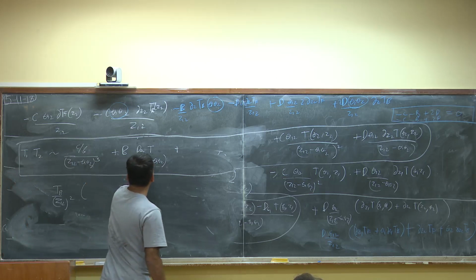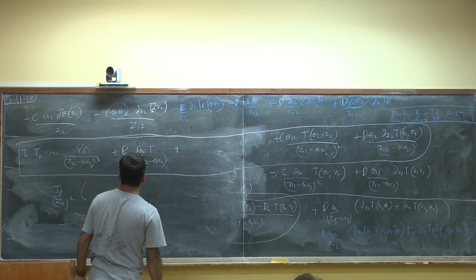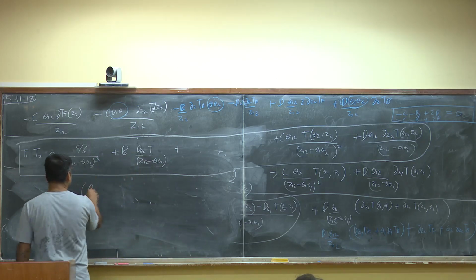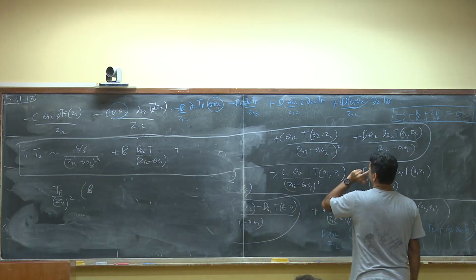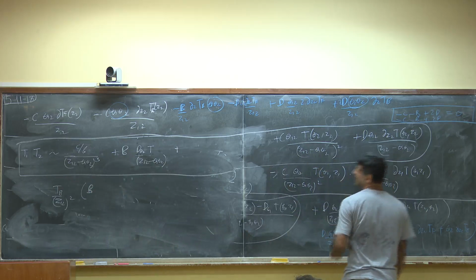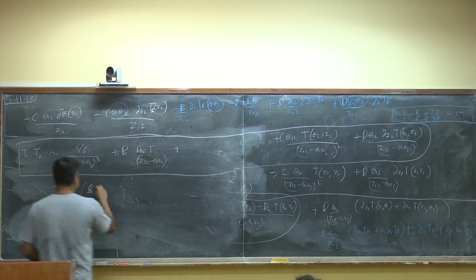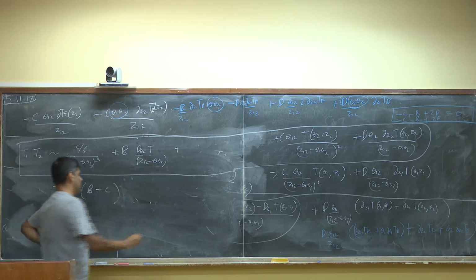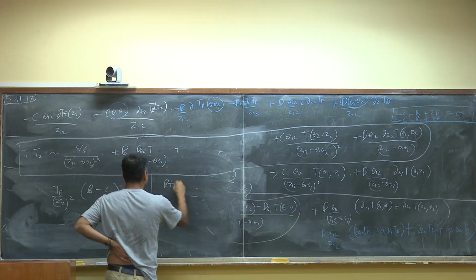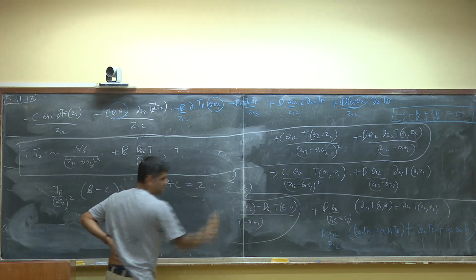Let's keep our wits about us here. I'm getting plus B for this, and for this I'm getting plus C. Do you agree? Okay, and so we conclude that B plus C must be equal to 2.